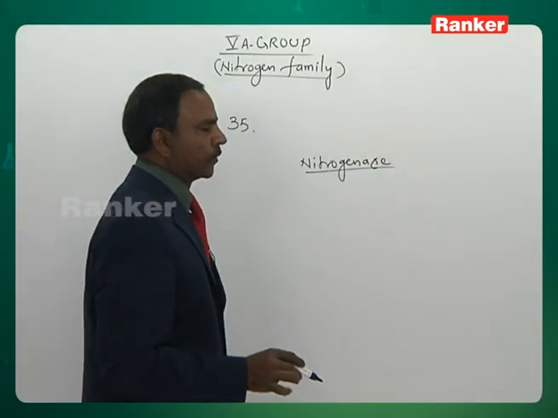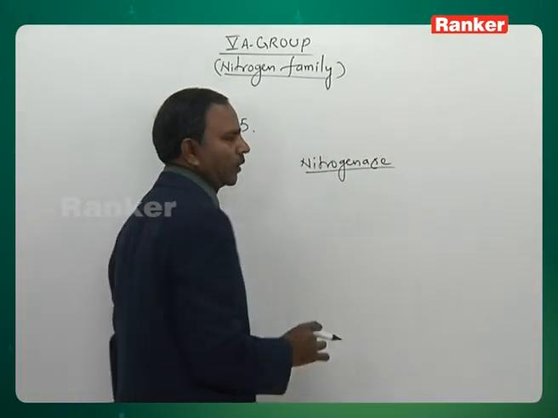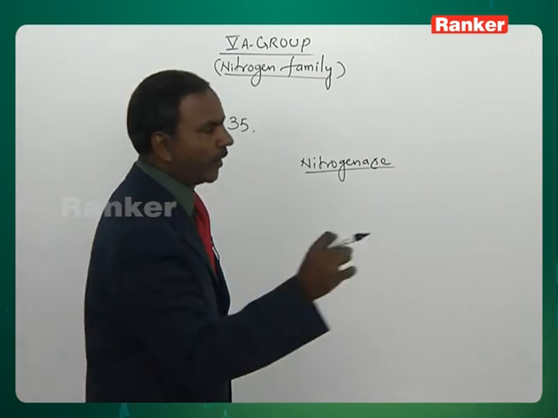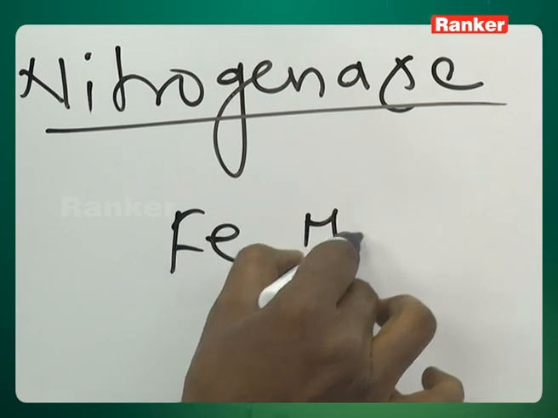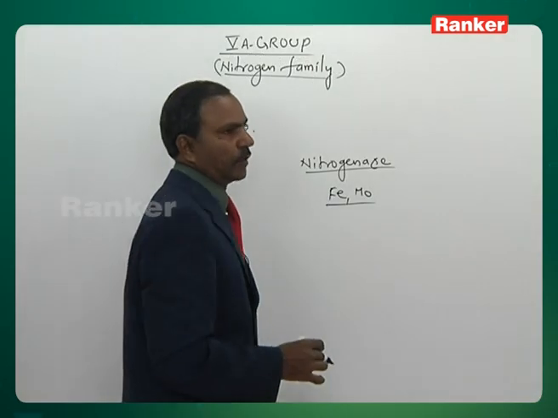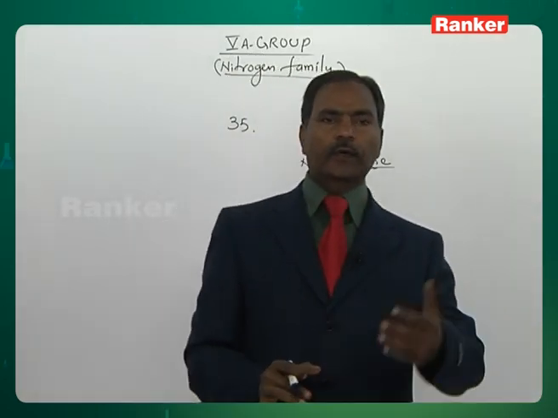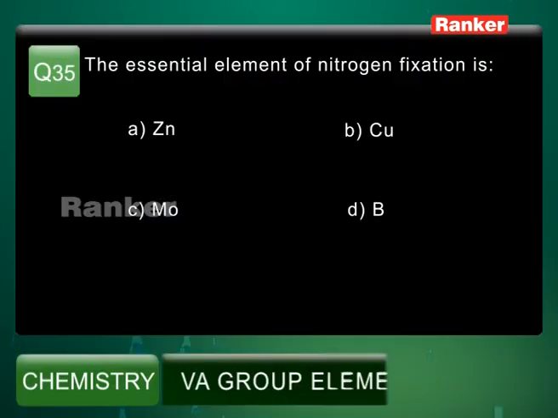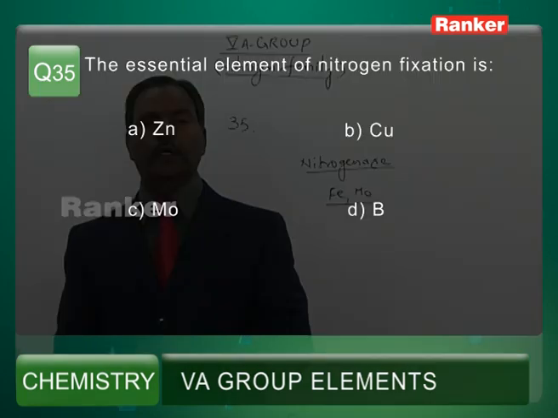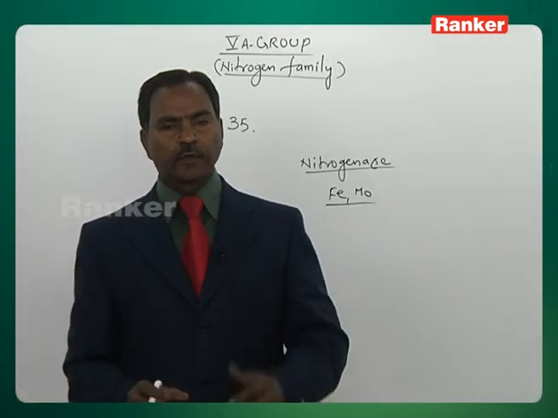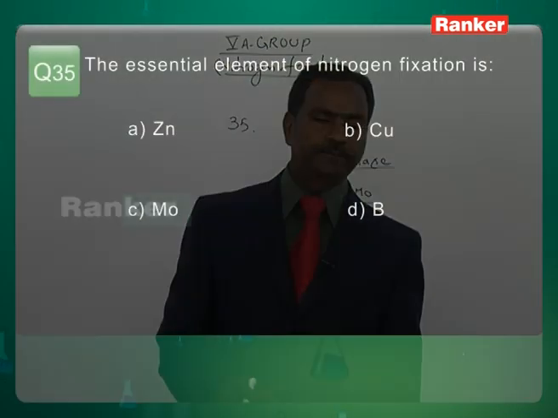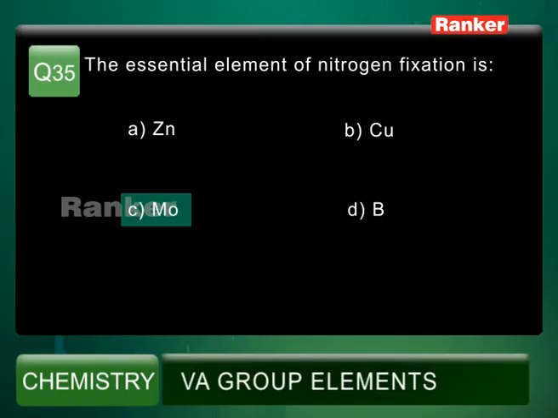Nitrogenase enzyme is carrying 2 metal atoms: iron is there, molybdenum is there. Both the metals are there in the nitrogenase enzyme. So molybdenum is there in this nitrogenase enzyme, which is involved in fixation of nitrogen. So answer is C.